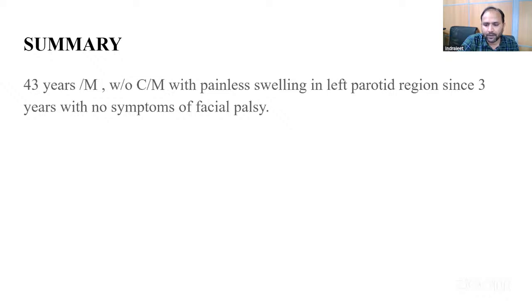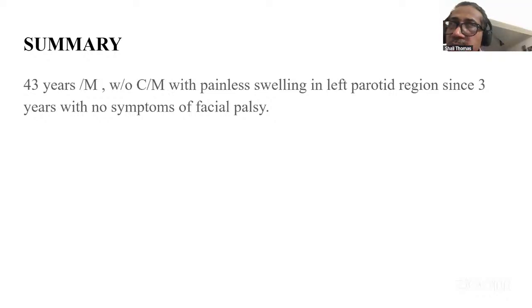And if there is extension to the post-styloid compartment, like if the tumor is large, which is usually rare but possible, then the 9th, 10th, 11th cranial nerves may be involved, which may lead to dysphagia or narrowing of the airway and hoarseness of voice, sir.